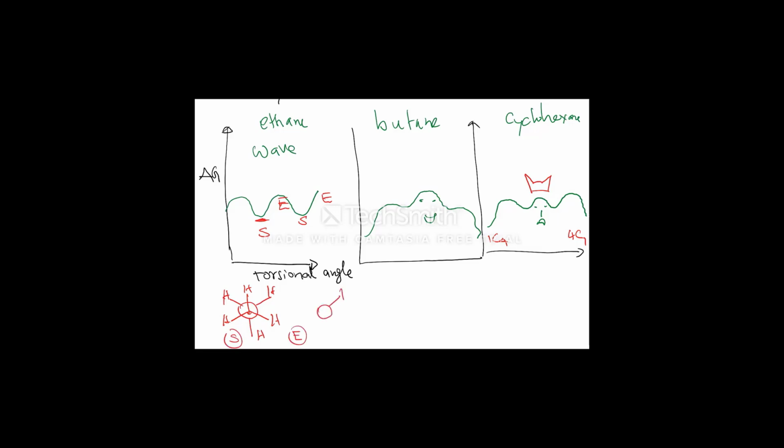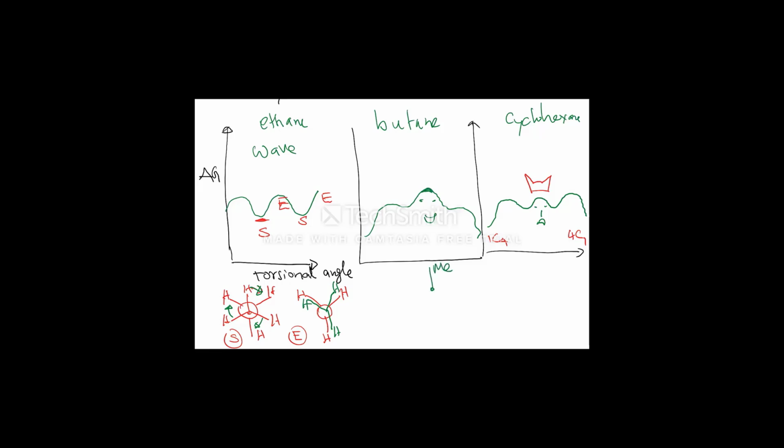Keep the circle intact, you never change that one, but rotate the front carbon like a steering wheel by 60 degrees. What happens? It becomes eclipsed. I draw the dot in green, and that will be eclipsed. After 60 degrees of torsion, the staggered becomes eclipsed. So staggered is low energy, eclipsed is high energy. The stability is inverse though, okay?